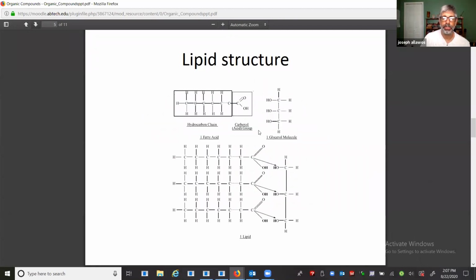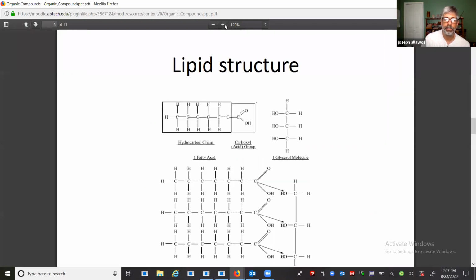Basic lipid structure, specifically fats and oils. There are two parts, two monomers. There's a glycerol molecule, and if you look, you can see that the glycerol molecule consists of 3 carbons, 1, 2, 3, along with a bunch of hydrogens and hydroxyls. So that's one of the building blocks. This is a fatty acid.